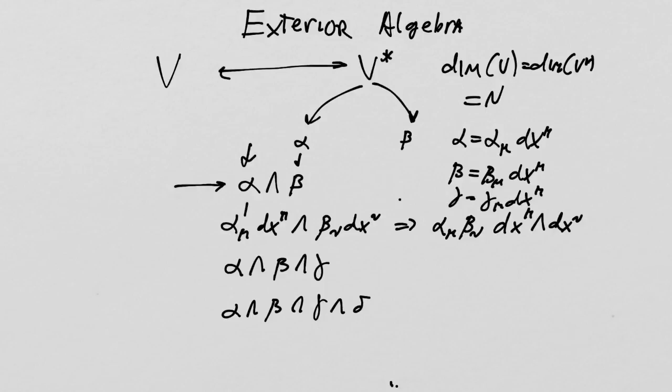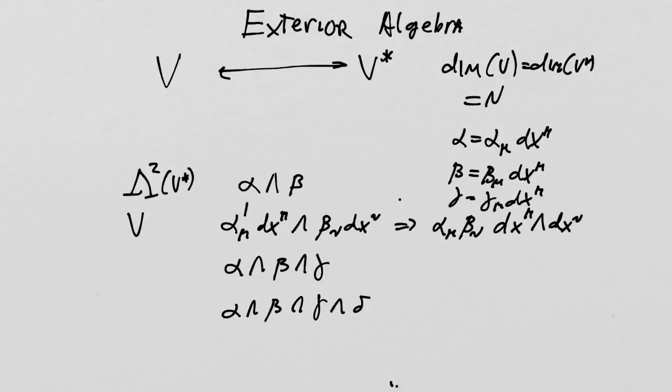And then we also understood that these guys can live in their own vector space, and that was a really important discovery from our last lesson, that these guys live in a vector space called the second exterior power of the covector space. This guy lives in the third exterior power of the covector space.